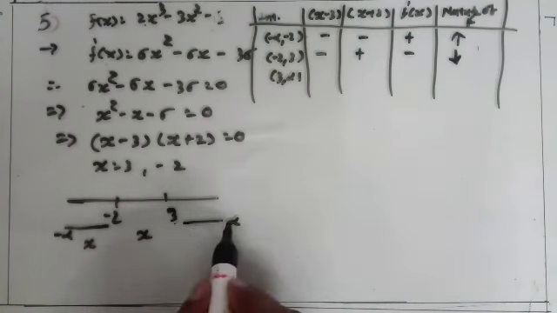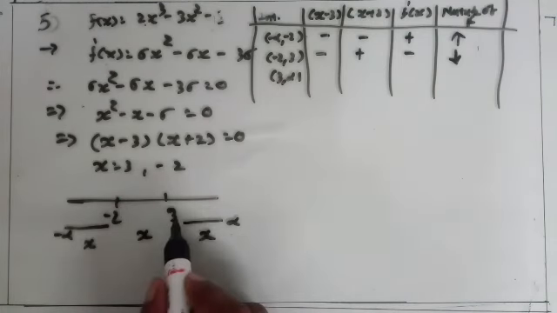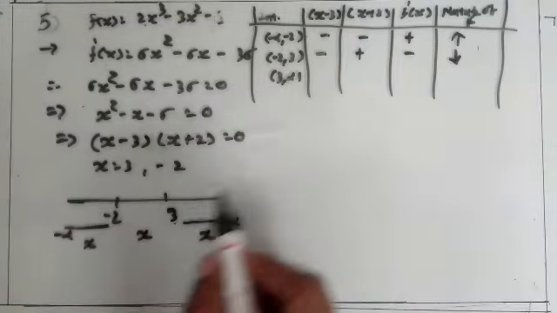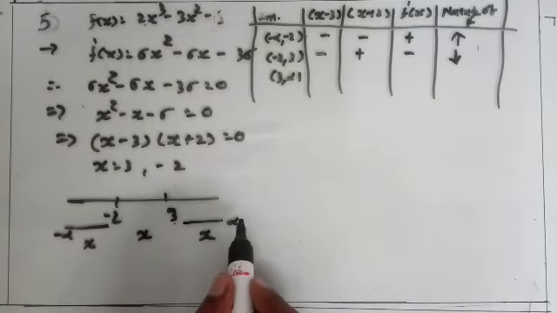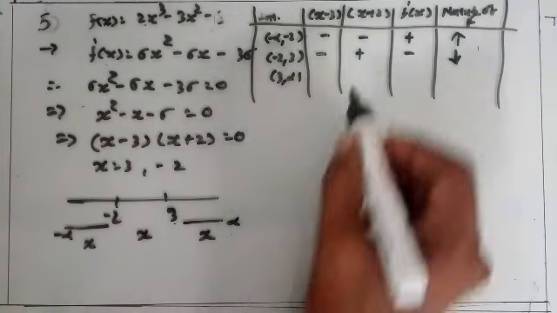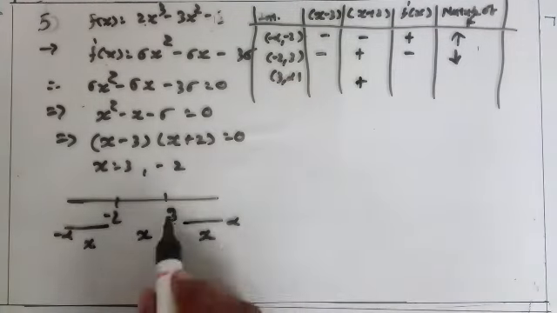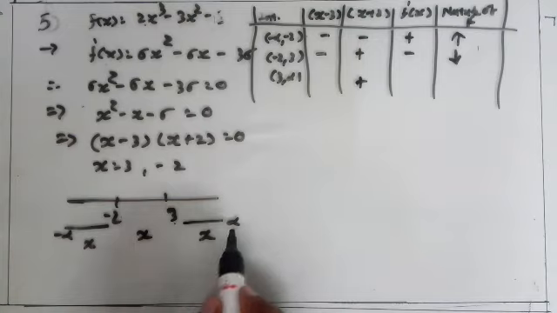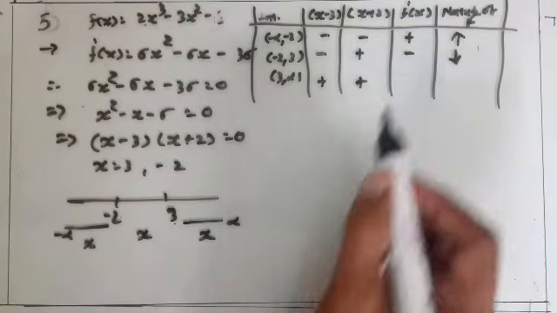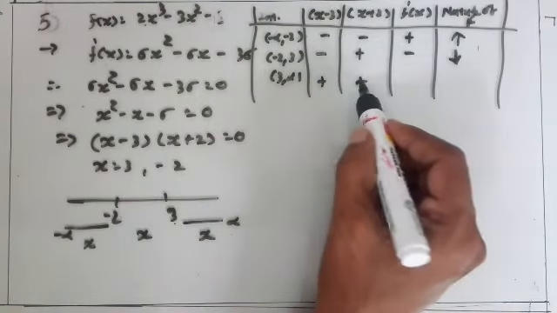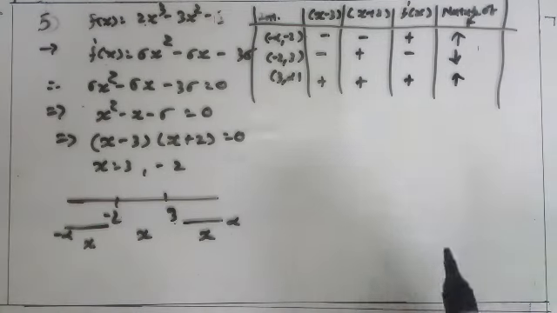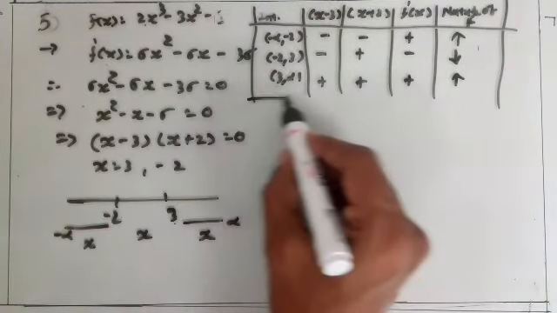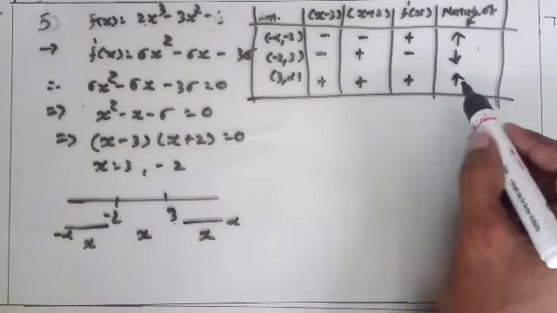And 3 to infinity, that is, x lies in 3 to infinity. So x + 2 is greater than 0, so this is positive. x − 3 is also positive. So the product of these two is positive. So in this interval, the function becomes an increasing function.